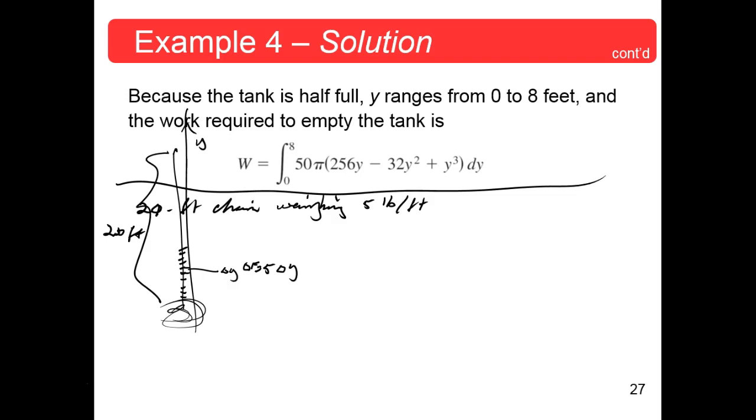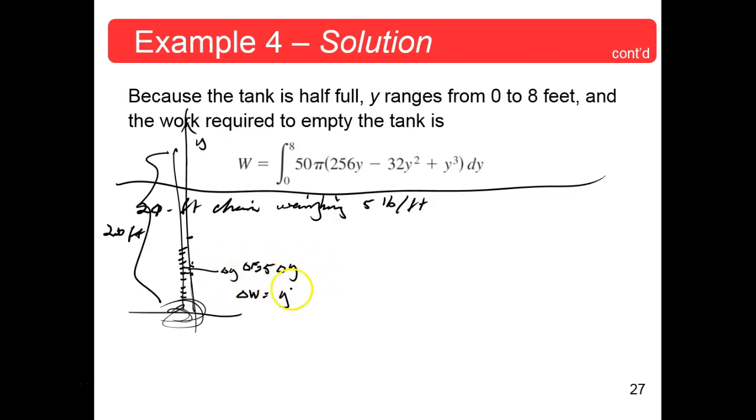Now, that's the incremental force. The incremental work would then be the force times the displacement. What have we displaced it? We've displaced it y units up. Y isn't the total; if it was from here to here, y is how far we displaced it from the ground.